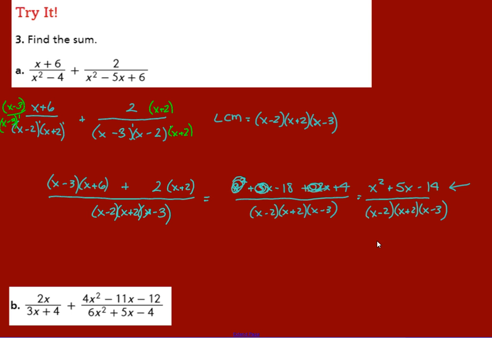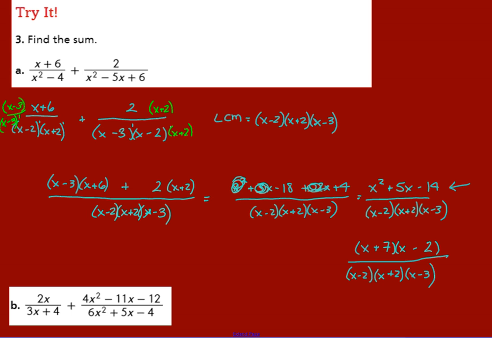And what it'll factor into are two binomials, x and x. And I need to multiply to get 14, and be 5 apart. I believe that's going to be 7 and 2. Different signs, middle number's positive, so the bigger number gets a positive. x minus 2, x plus 2, x minus 3.